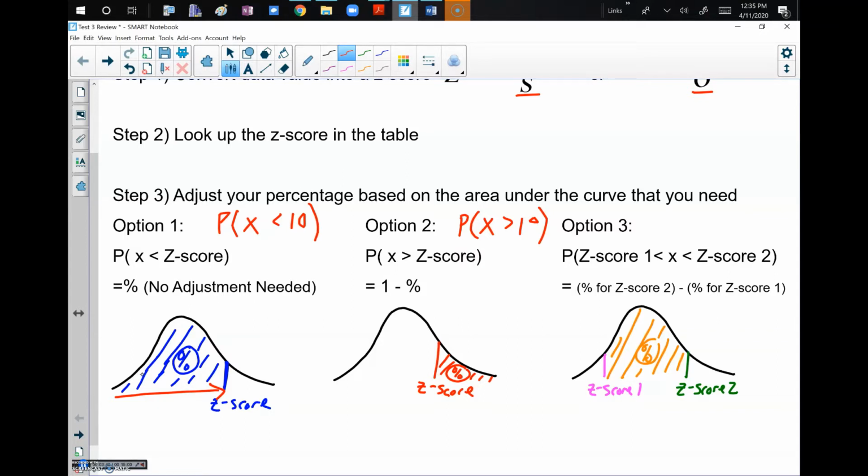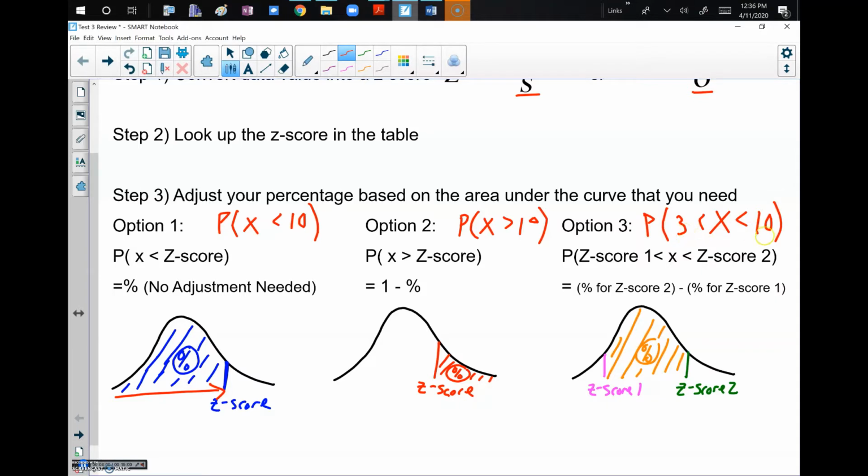And then option 3 is the most complicated case. That may be where they want to know the probability or amount of data values between two numbers. So if I ask for what is the percentage of values between 3 and 10 in my distribution, well then I have to go through that three-step process twice.